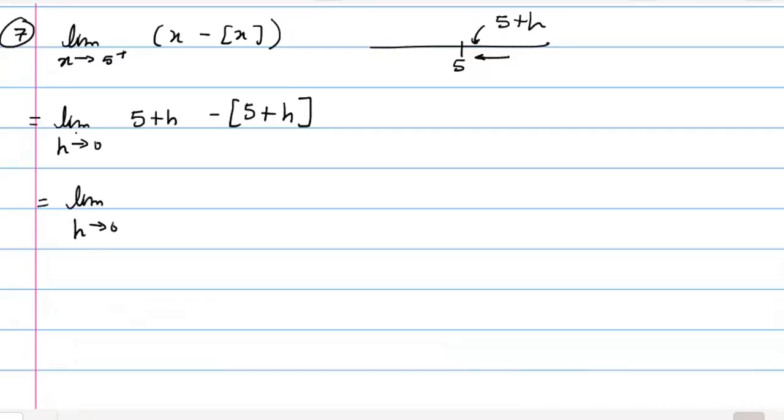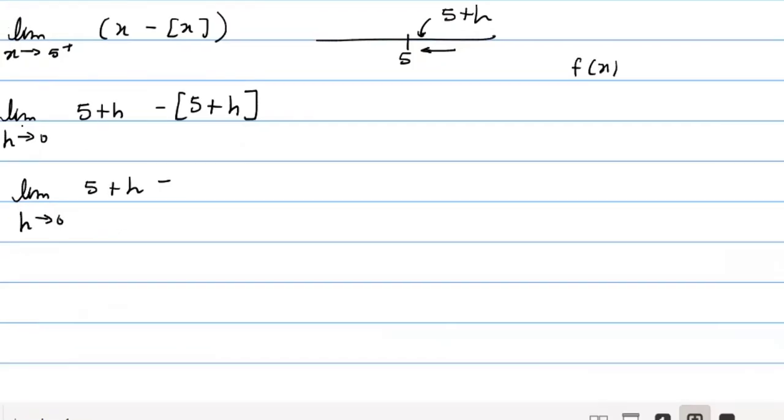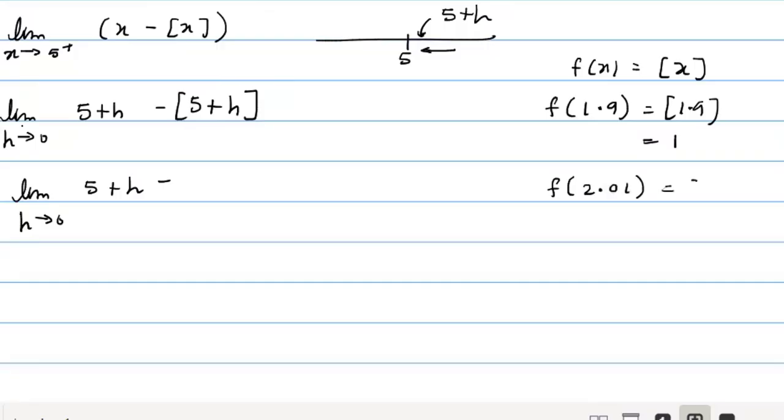In this case, this is 5 plus h, but this is the greatest integer function. Say, for example, f of x is the greatest integer function. Then f of 1.9 gives you 1. f of 2.01 gives you 2. Do you follow that?